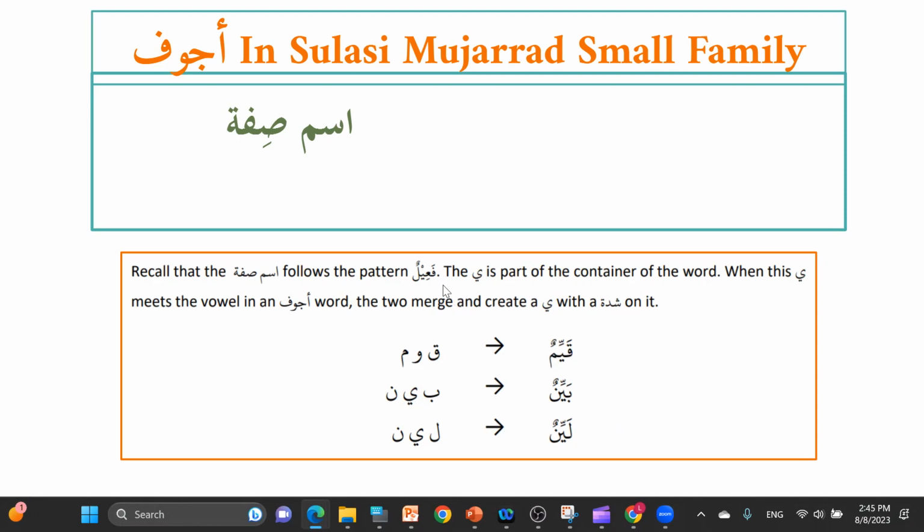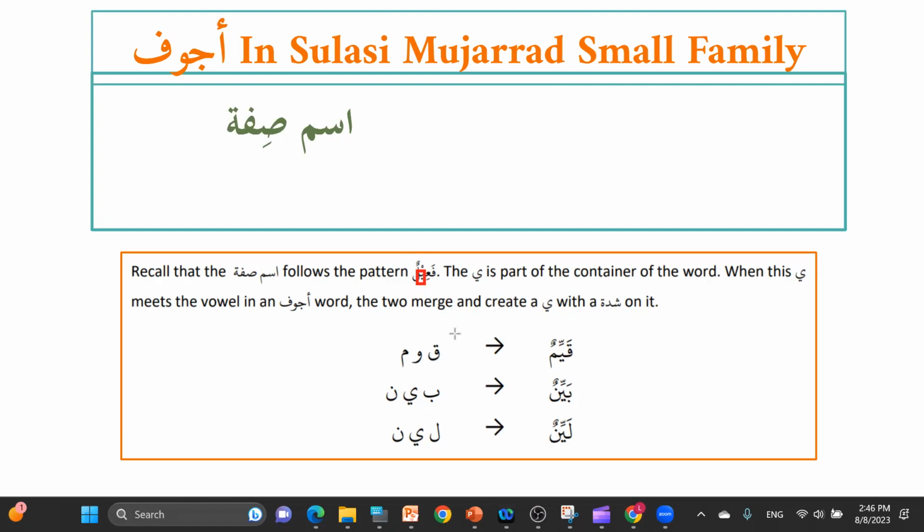In fa'ilun you already have a ya in the pattern, a weak letter.